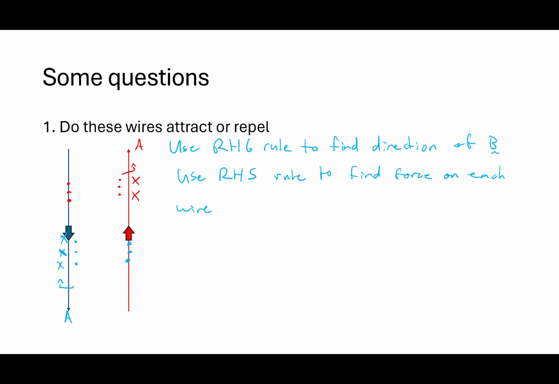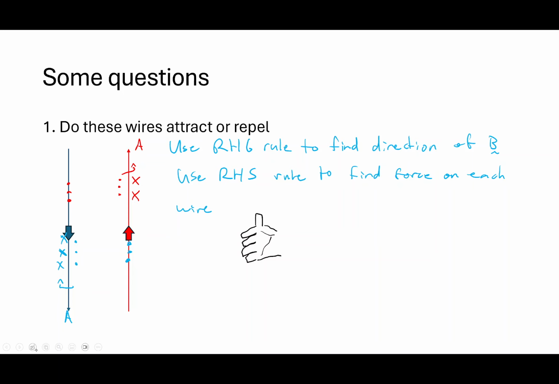So with the right hand slap rule on the red wire, we have the magnetic field going out of the page, but we have the current going up. So take your right hand and point it towards you. And that's the palm.